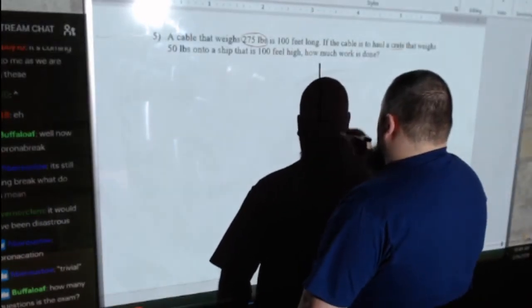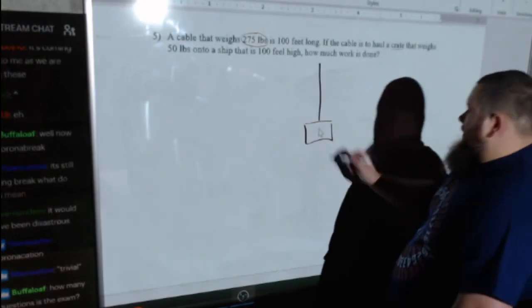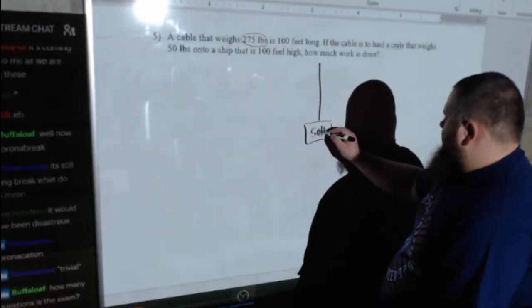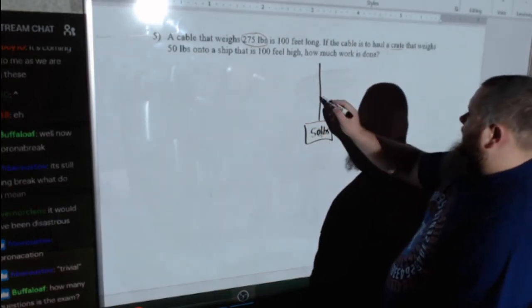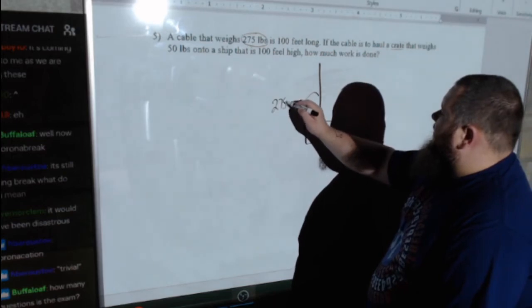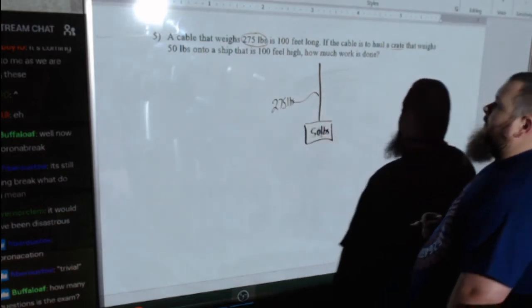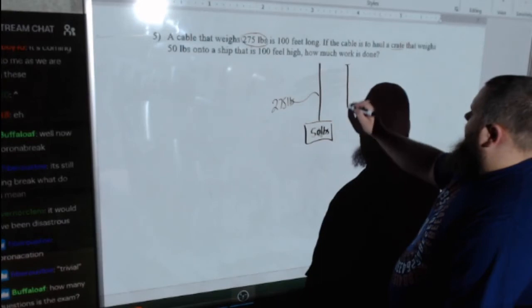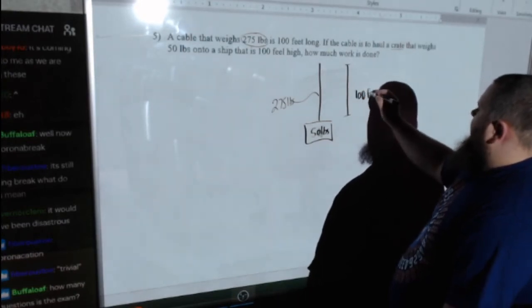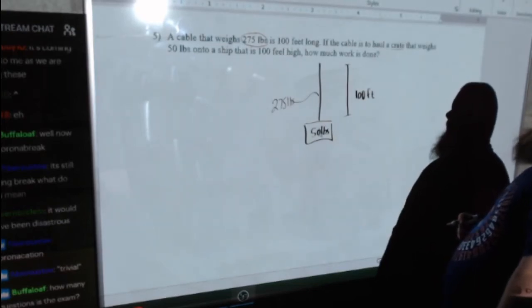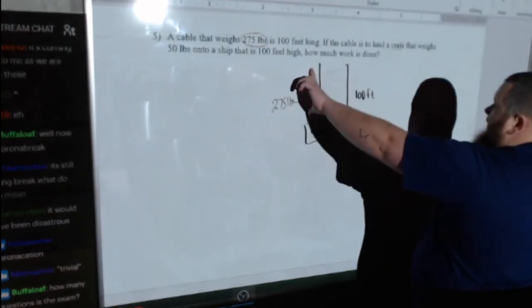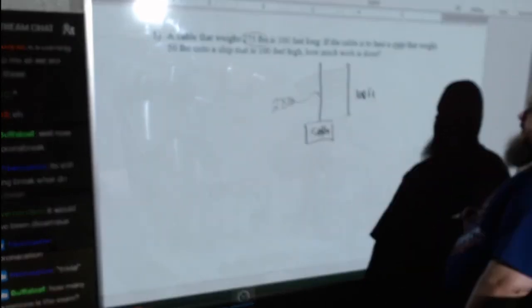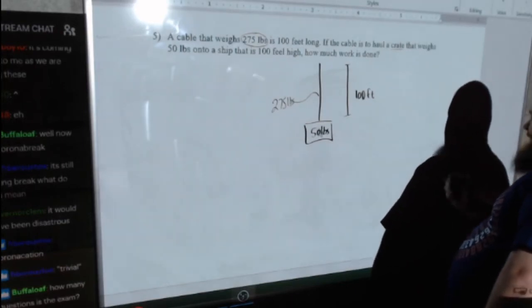We got a crate. The crate is 50 pounds. The cable is 275 pounds. It has a length of 100 feet. We've got to get onto a ship that's 100 feet high, which means the entire length of the cable has to be picked up and put onto the ship. How much work is done?